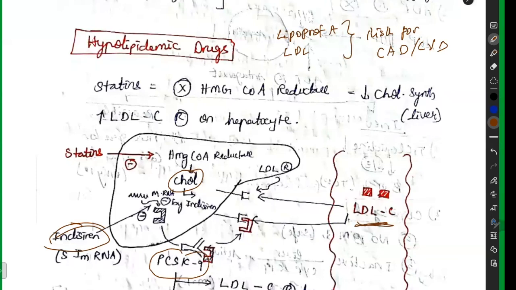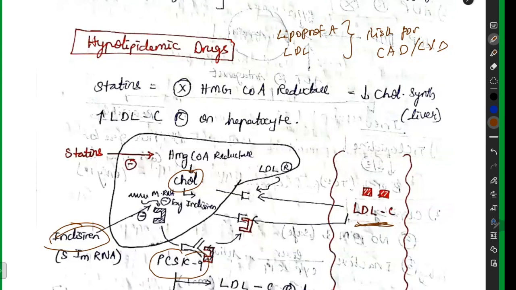This PCSK9 is going to take up all the LDL back into the liver. Remember, LDL consists of low density lipoproteins, which come back and get deposited in the liver.